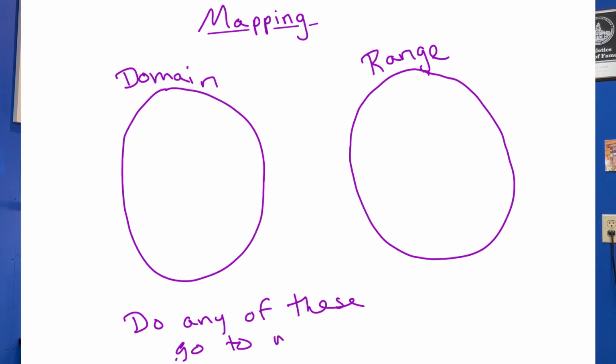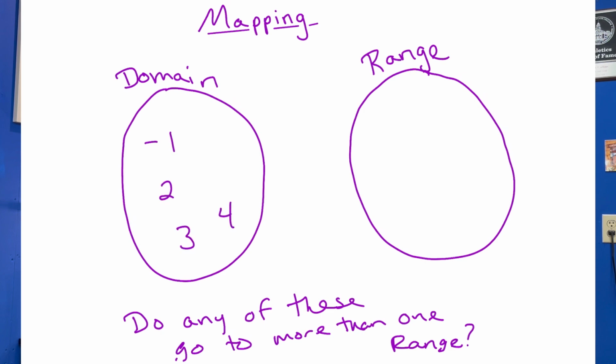Not a function. So here we have these values. In our domain, or our inputs, we have -1, 2, 3, and 4. In our outputs, we have 0, 1, 2, and 5.